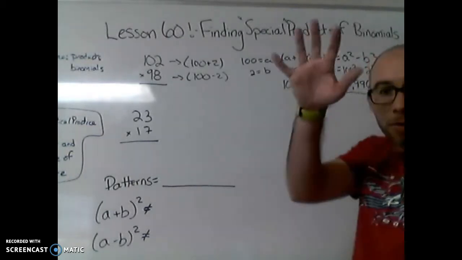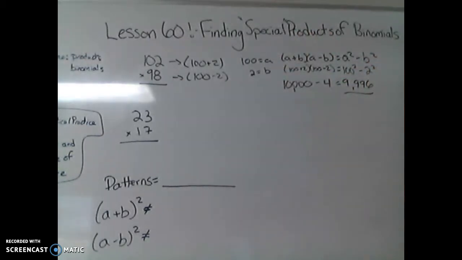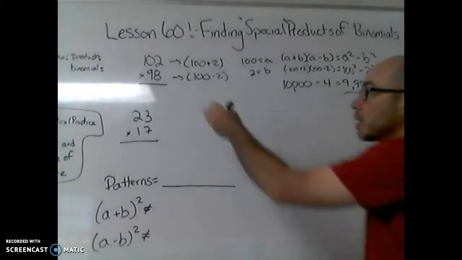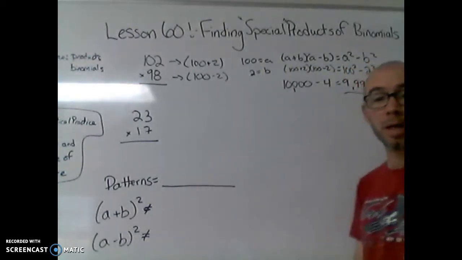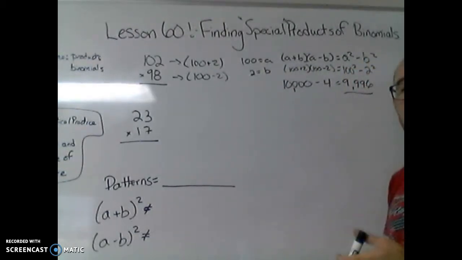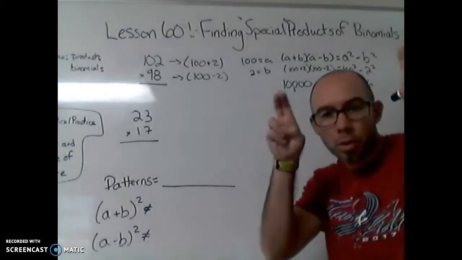Don't even need my fingers for that one. I can get that math done a lot quicker if I just recognize the pattern. Otherwise, there's a lot of work and a lot of places you can make a mistake. But if you recognize the pattern and apply it, we call that a shortcut.